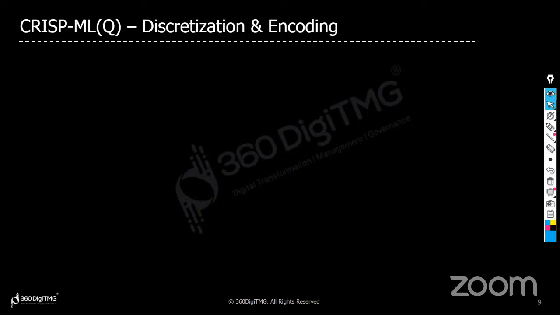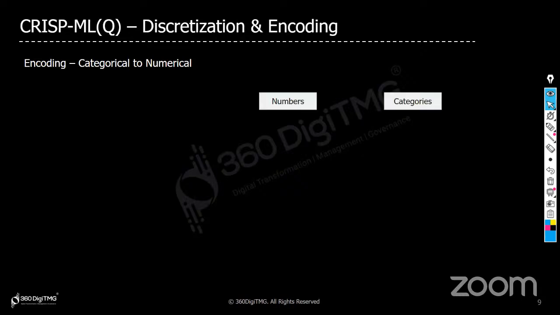In such cases, you need to convert those categorical columns into numerical columns. Just like KNN, K-nearest neighbors, and regression models, all of those mostly won't support categorical data. That is when you will go for encoding. So encoding is nothing but converting categorical into numerical.